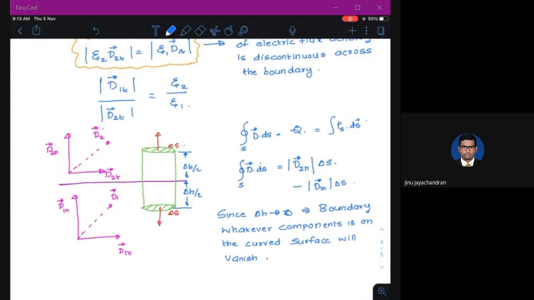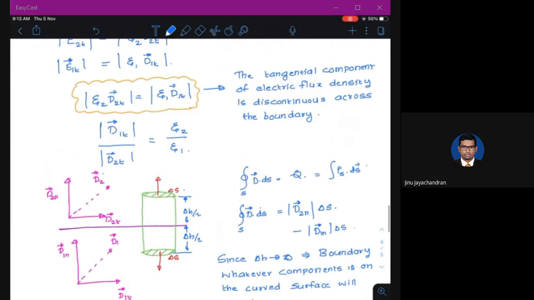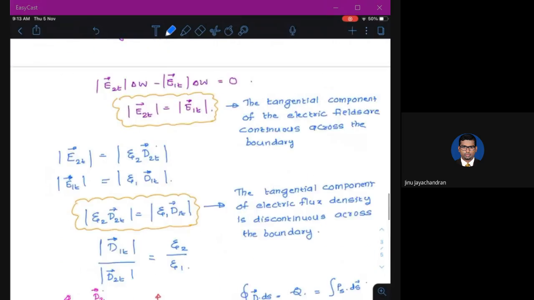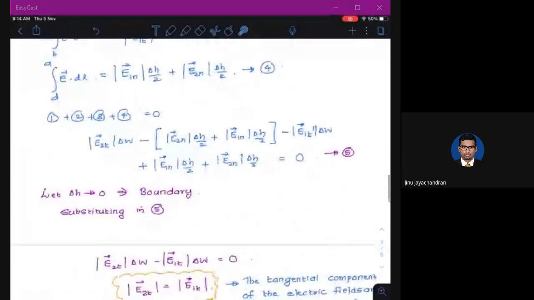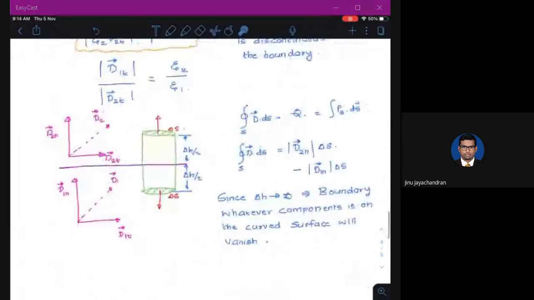This we have seen in the previous example, right? Wherever there is a multiplication of delta h, it just goes to 0, because you are making delta h tend to 0. So I am not considering anything of delta h.